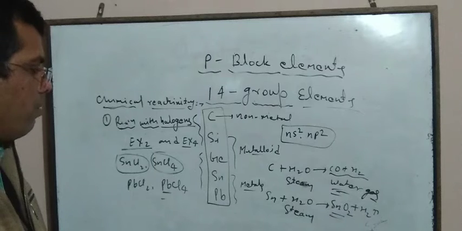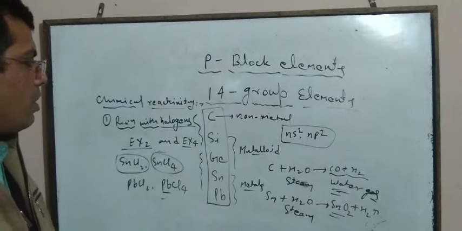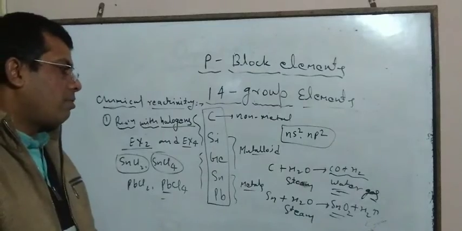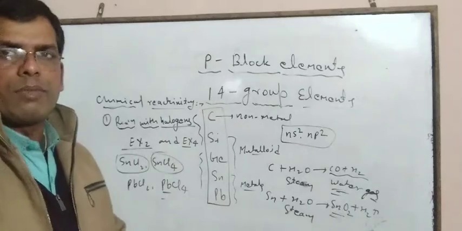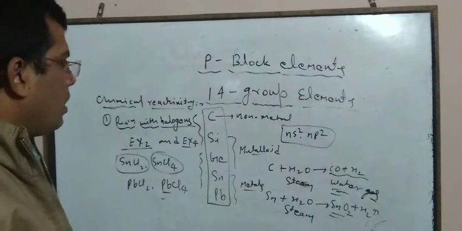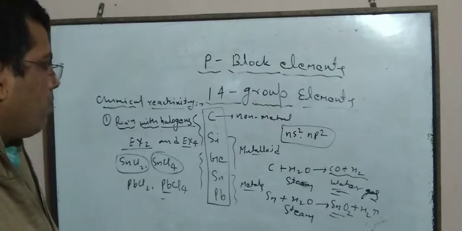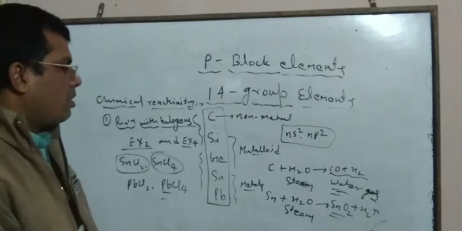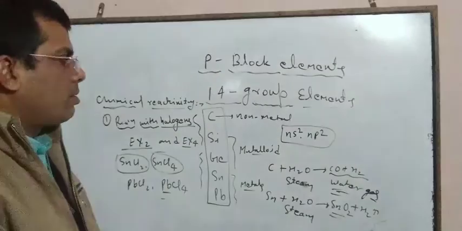Lead is unaffected by water. Silicon and germanium also cannot react with water. Only carbon and tin react with water to form corresponding oxide with releasing hydrogen gas. So dear students, you should keep it in mind. This is the chemical reactivity of group 14 elements.